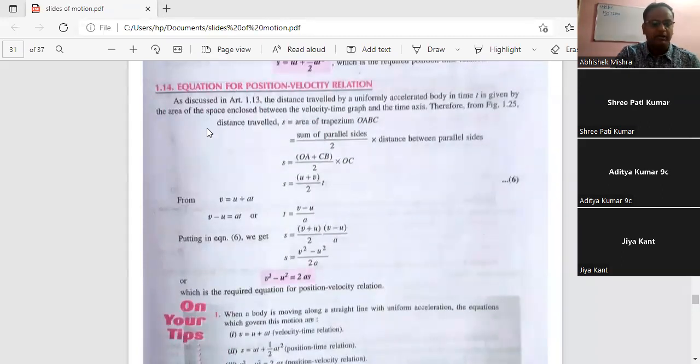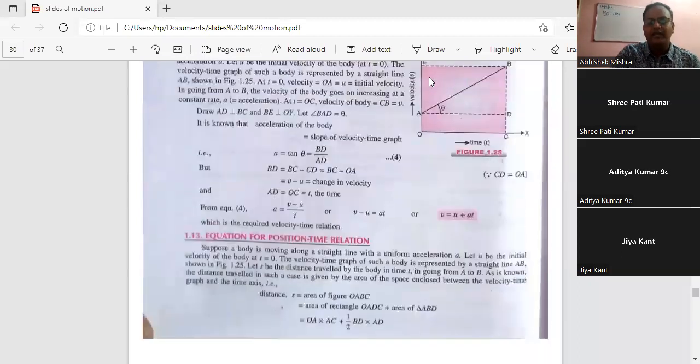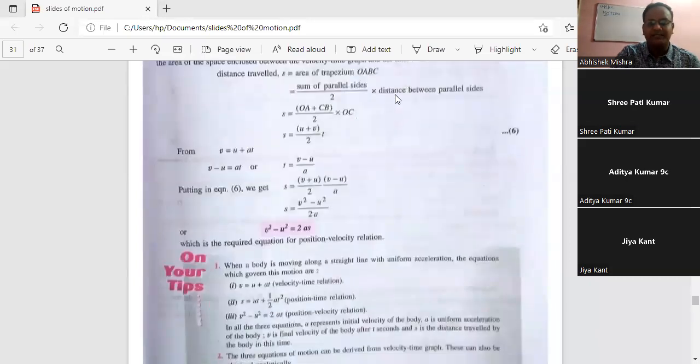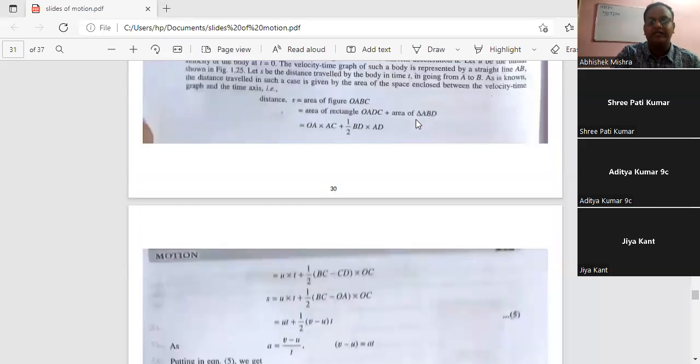Yes, Siddhant has given the formula also. So the sum of the parallel sides, which are the parallel sides? OA and CB. These are the parallel sides, this whole area. So here, now we are doing the sum of the parallel sides, that is OA plus CB, and the distance between the parallel sides, definitely it's OC.